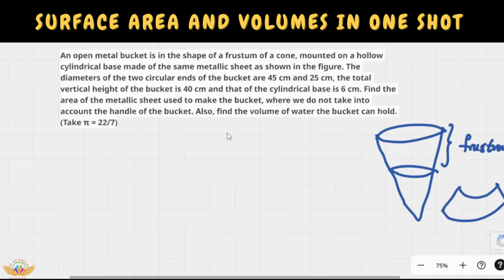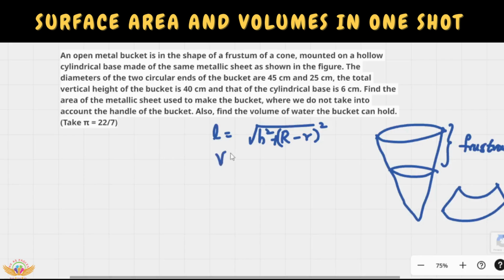So the formula for the slant height: l is equal to the root of h square plus (R minus r) whole square.